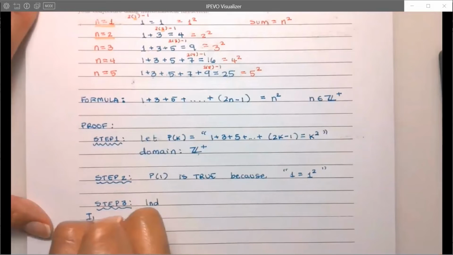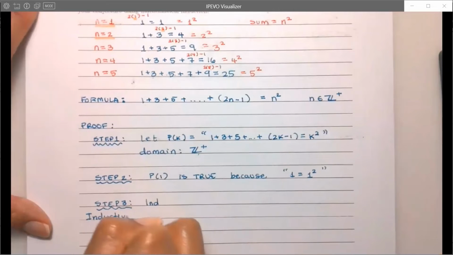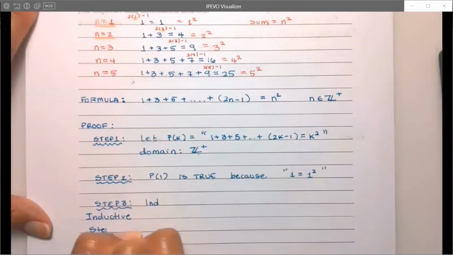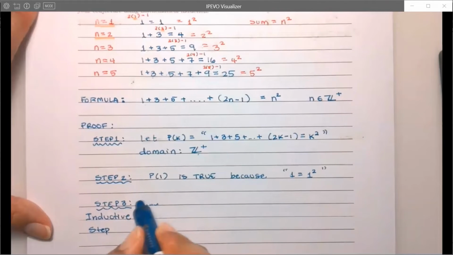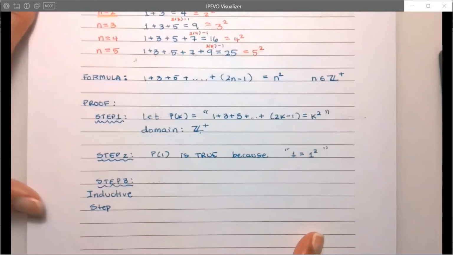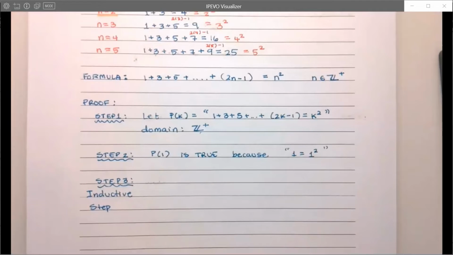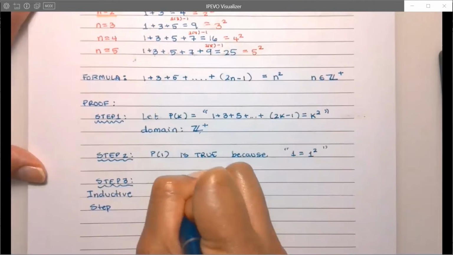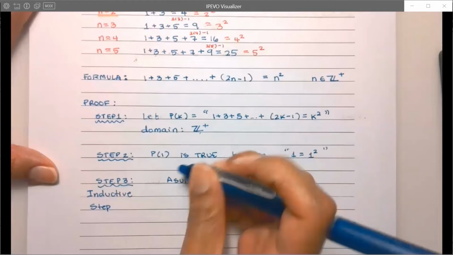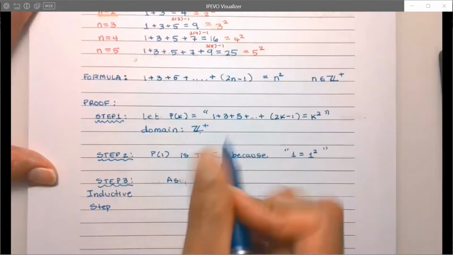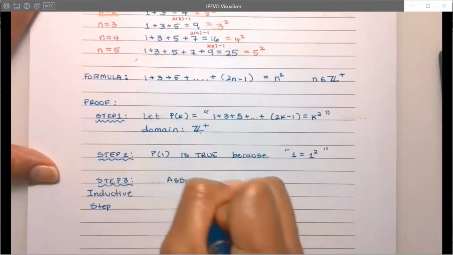Actually, let's write it down here. And in the inductive step, remember, there is always the assumption and what is the goal. So the assumption is that P of k is true. And we're going to assume P of k is true for some arbitrary integer k.